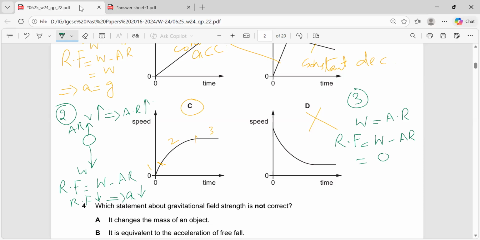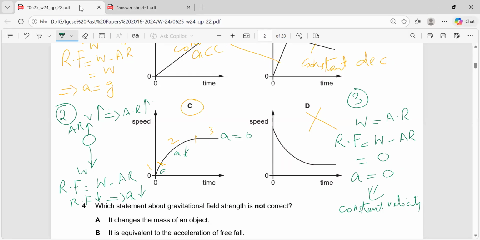If the resultant force is 0, the body will be falling with 0 acceleration, and if the body is still moving, it means constant velocity, which is terminal velocity. Here acceleration is decreasing, here acceleration is 0. So all 3 stages I have discussed.